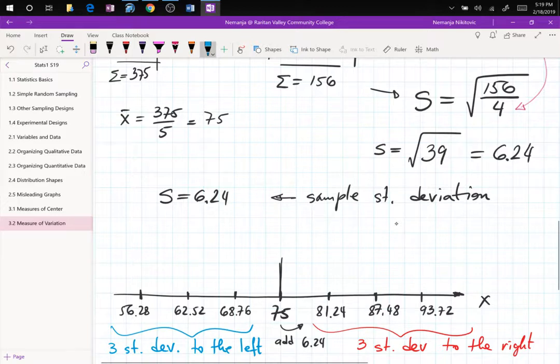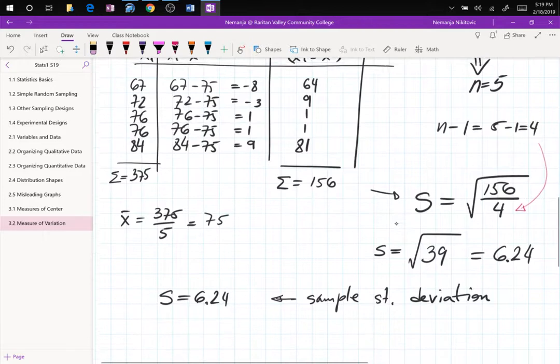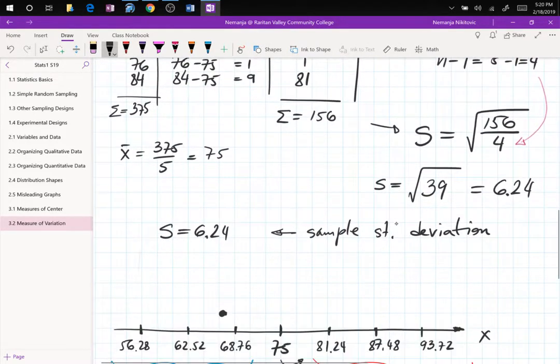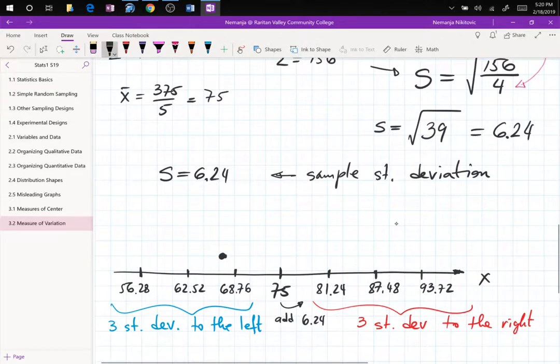So now, if you take a look at your observations, you can do the dot plot. What do we have in terms of the height of these basketball players from before? Well, you look at the data. We have 67, which is somewhere over here. Then we have 72, somewhere over here.